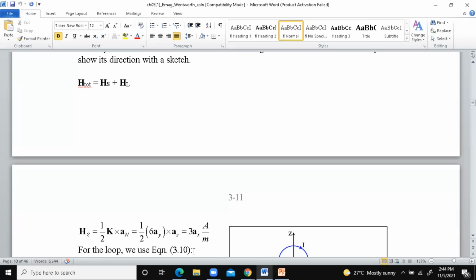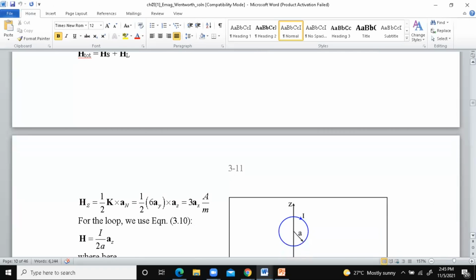AY cross AZ, your AX. Yes, sir, that makes sense, sir. That's why my calculation was wrong. So that's a straight plug-in from the formula this morning.